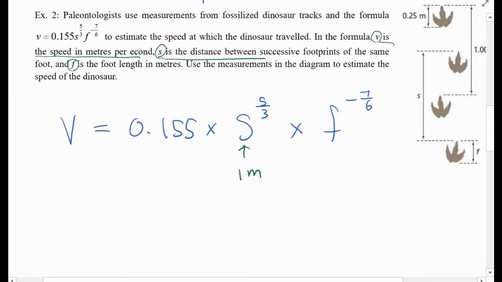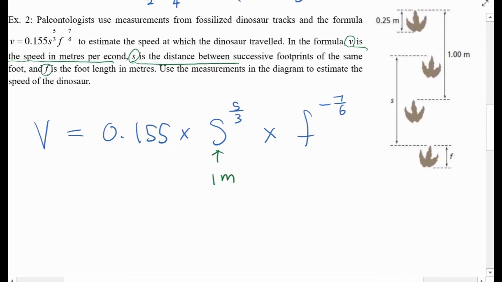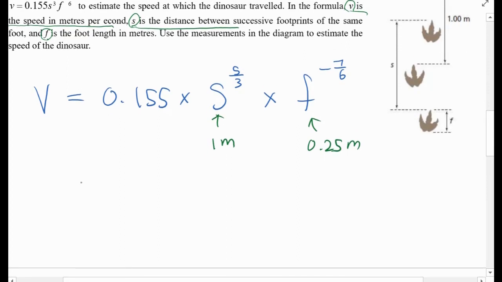And F is the foot length, it says the foot length is 0.25 meter. So we know everything. So let's just write it down. 0.155 times 1 to the power of 5 over 3. 1 to the power of something is always 1. Remember that. And 0.25 to the power of negative 7 over 6. So 1 becomes 1. So you don't have to think about it.